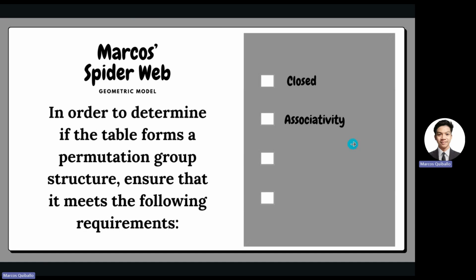And for associativity, we will check if it is associative. And we will also check if it has an identity element, and we will check if it has an inverse element for all.